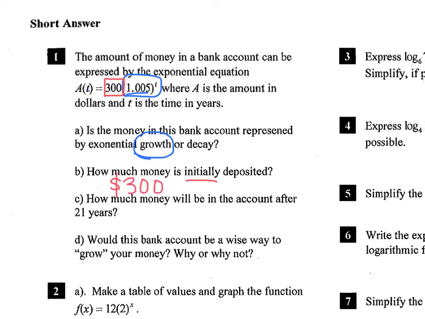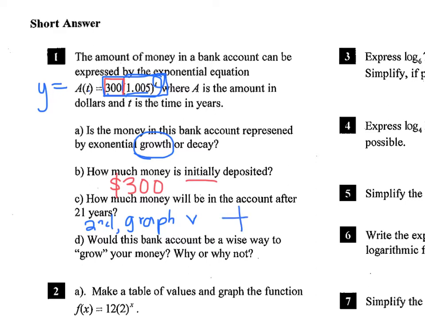For part C and D, you do need the calculator. So on your calculator, you'd go to y equals and type in the equation, 300 times 1.005 to the x, make sure you put caret x, and then you'd press second graph and scroll down on the table until you see 21 years.